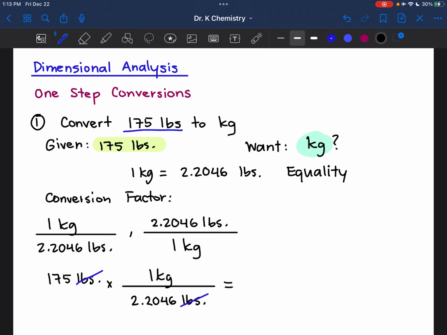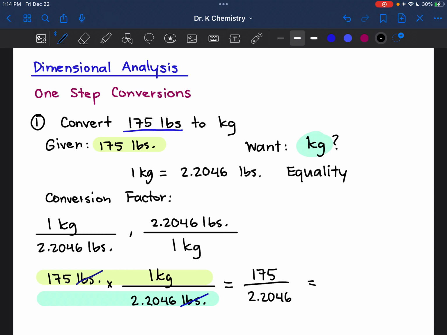Okay, so now we have our setup. The pounds are going to cancel out, which means that the solution is going to leave us with kilograms, which is what we're trying to find. In dimensional analysis, everything in the numerator is going to get multiplied, and it's going to get divided by everything in the denominator. So if we had left a 1 here, we would just be dividing by 1, which is not going to make a difference in the result. So really what we are doing is dividing 175 by 2.2046.